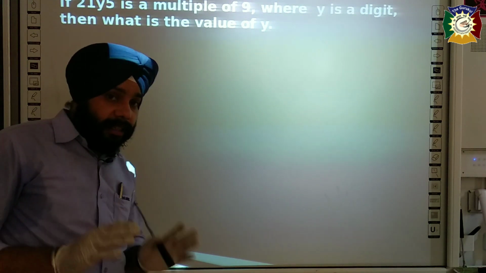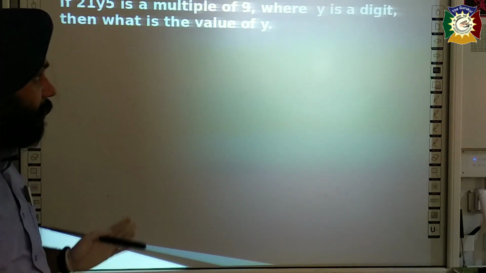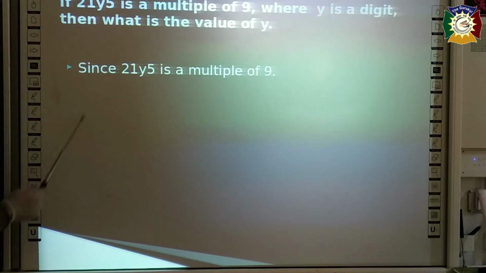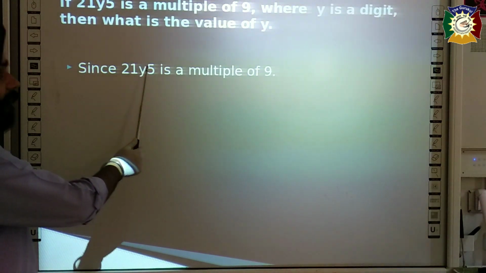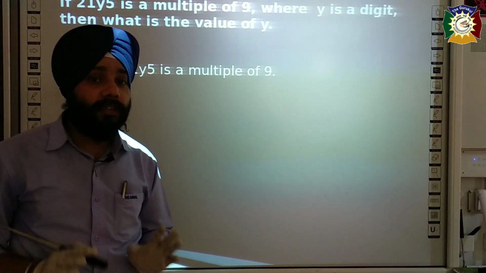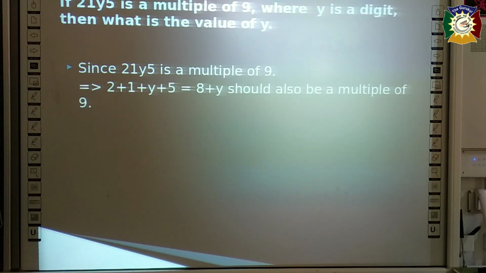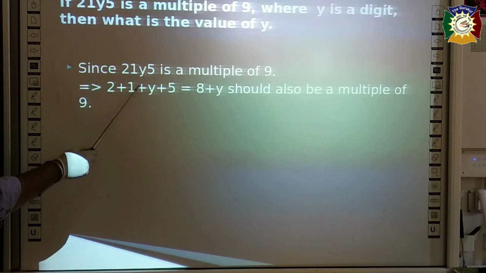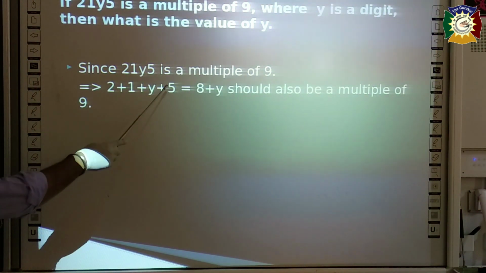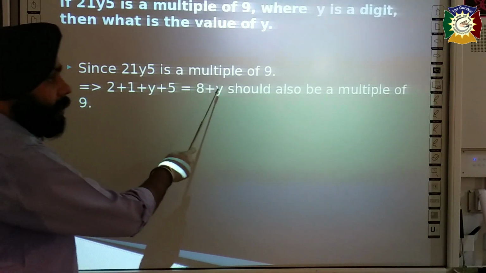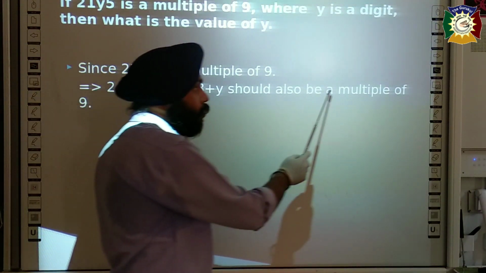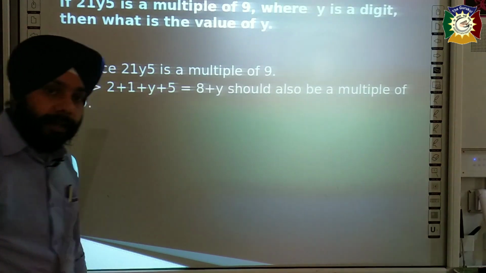As we did in the previous question, we apply the same manner in the solution. Since 21y5 is a multiple of 9, its digit sum, 2 plus 1 plus y plus 5, that is 8 plus y, should also be a multiple of 9.